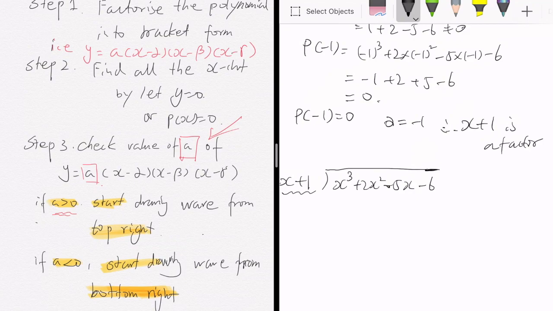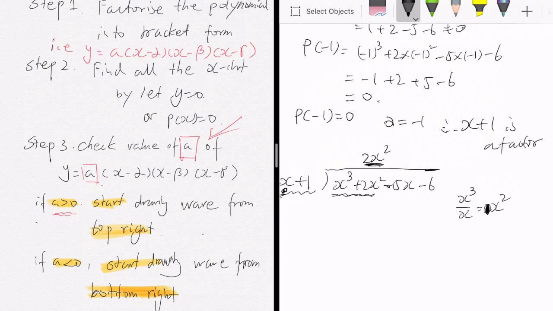The highest power term x cubed divided by the highest power term of your divisor x gives you x squared.